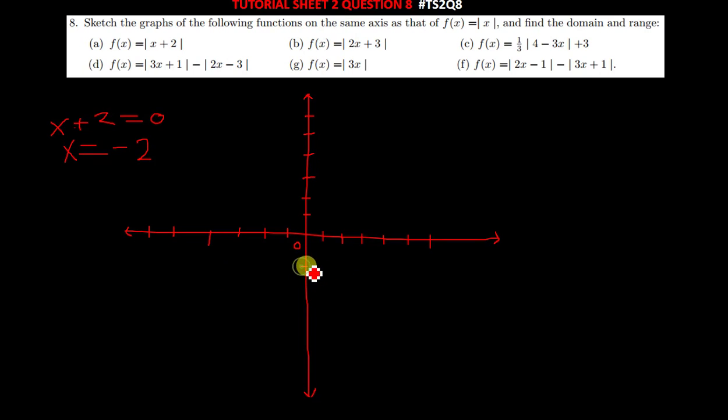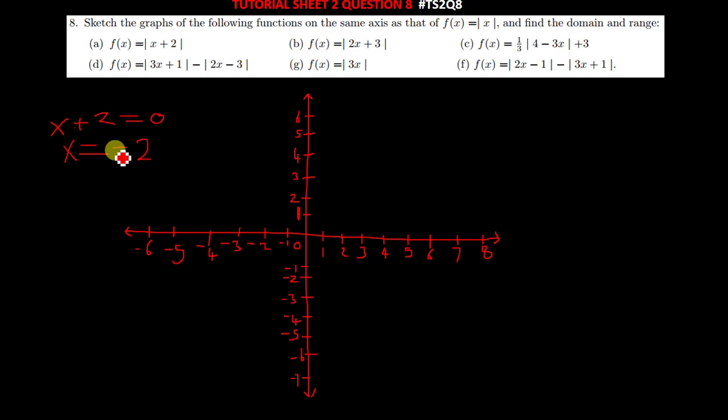Then this side 1, 2, 3, 4, 5, 6, 7. So this is basically how you draw your graph. We all know how to draw the graph.